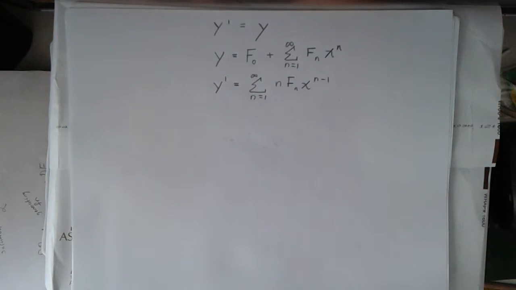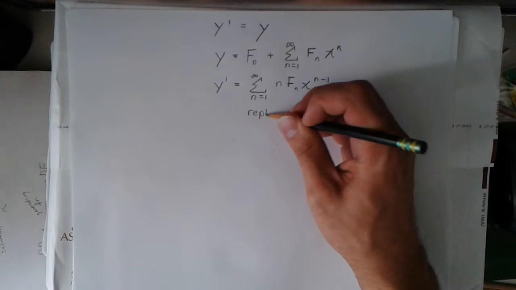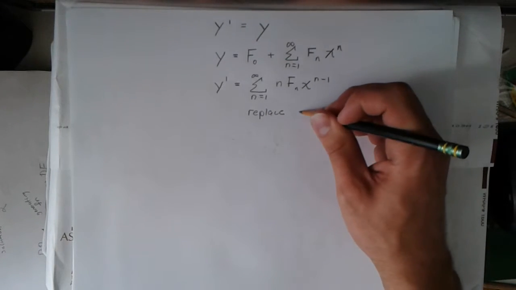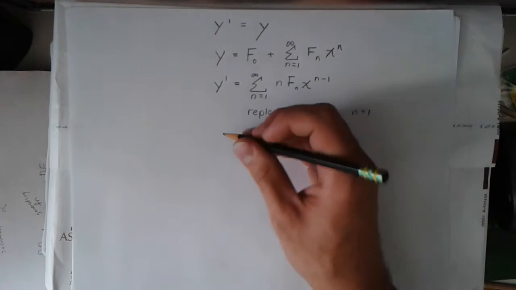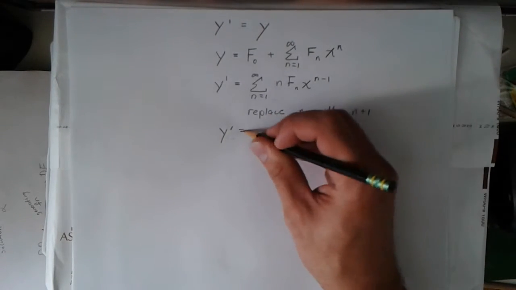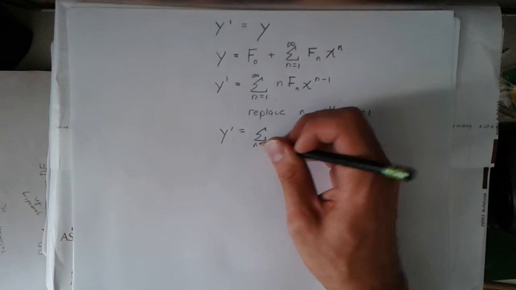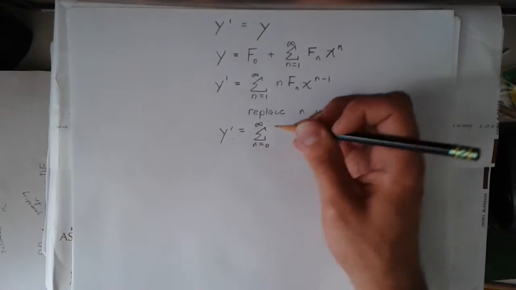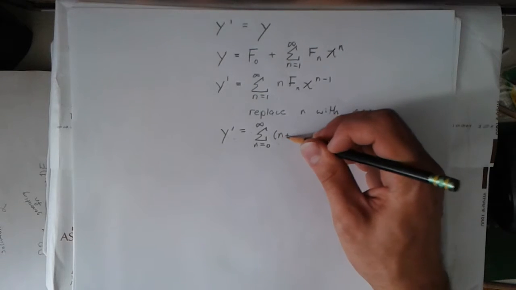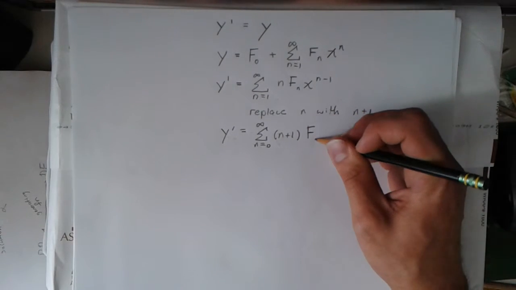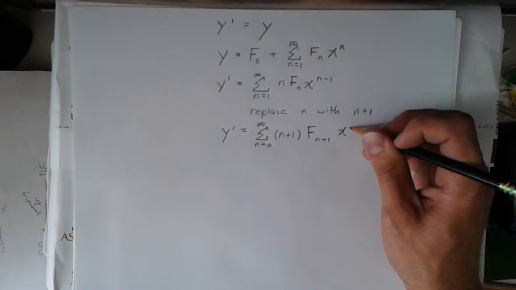And at this point I can actually do a variable shift. I can replace n with n plus 1, and so that'll tell me that y prime is equal to, now I'm starting the sum at 0 going to infinity, replacing n with n plus 1 everywhere I see it, so this is going to be n plus 1 f sub n plus 1 x to the n.